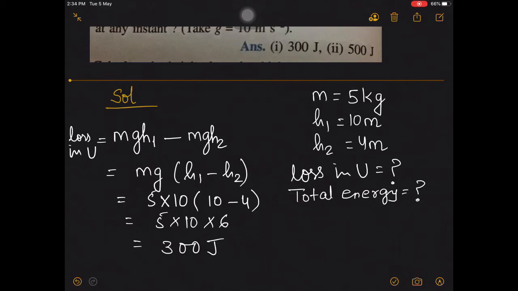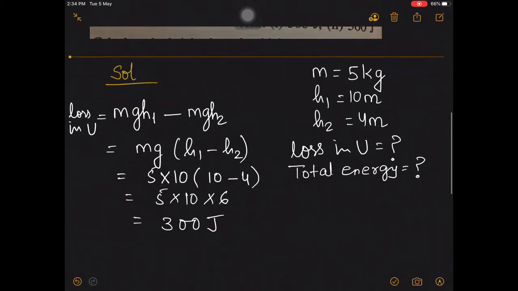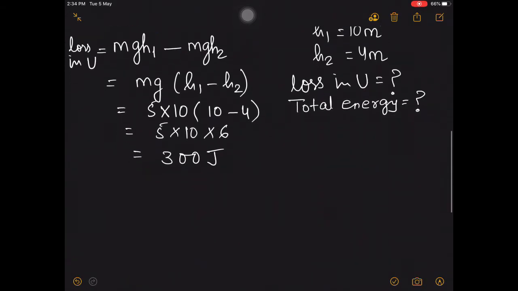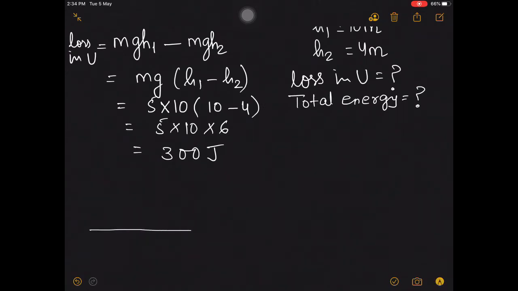Now how much is the total energy at any instant? Now see here, say this is the height h1 where the body was in the beginning, and h1 given is 10 meter. Now when the body is dropped from that height, its velocity at this point was 0. If velocity was 0, definitely there is no kinetic energy at this point.